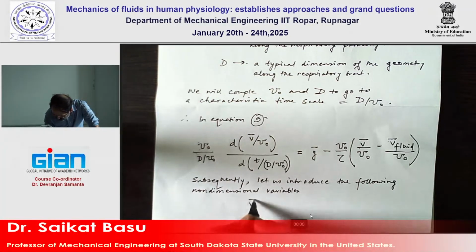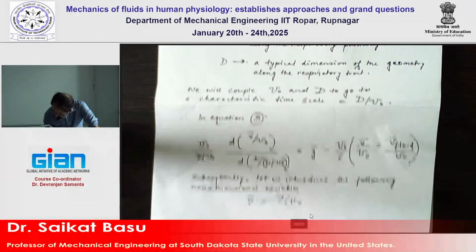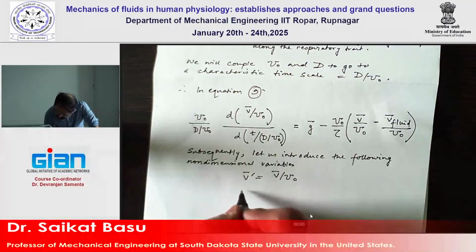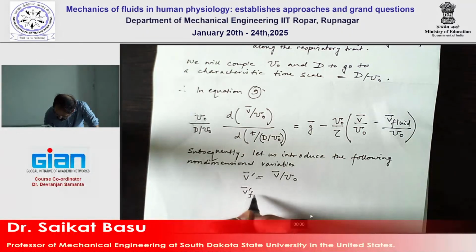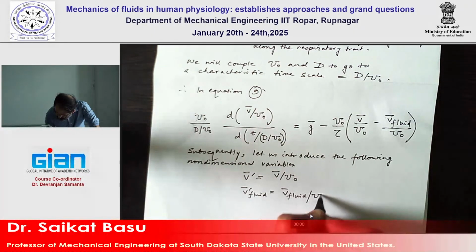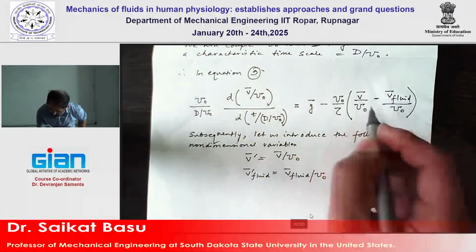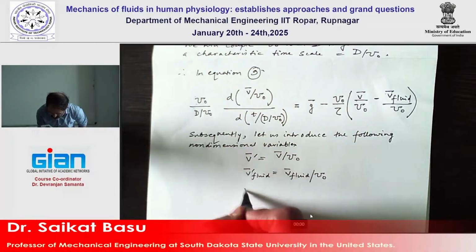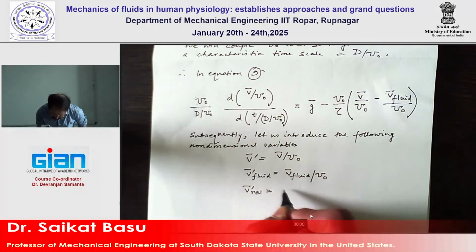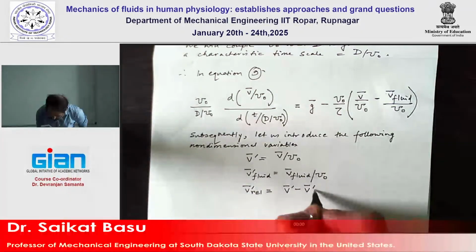So V bar prime is V bar over U naught. Then we need a V bar fluid, which is V bar fluid over U naught. If we want to use the V relative formulation, we need that as well. So V rel prime is V bar prime minus V prime fluid.